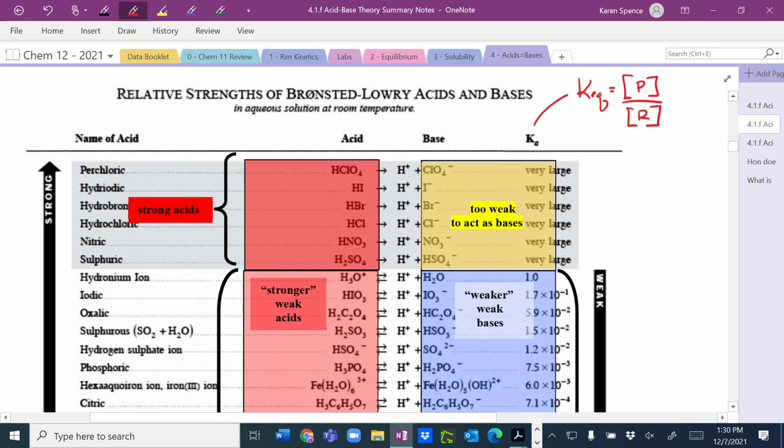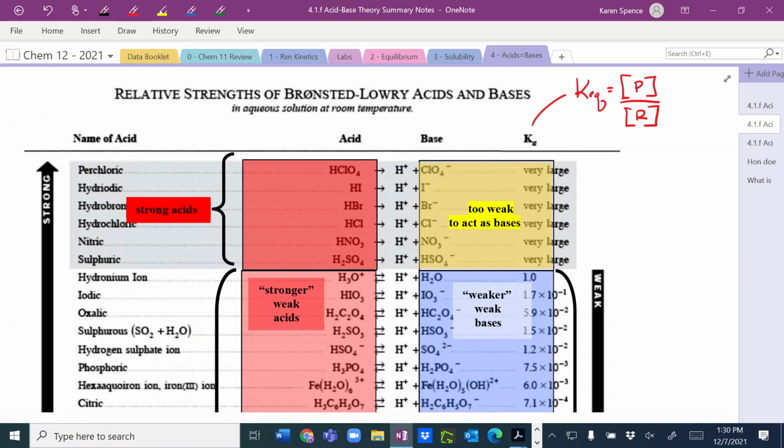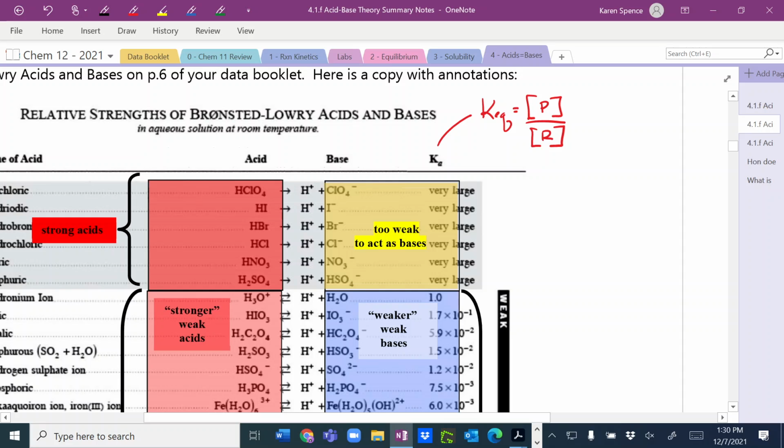So Ka, which is the Keq for an acid, okay? If Ka is very large, what do we have a lot of? Products. And the products in this case are the dissociated ions, yes? The reactants is the intact acid molecule, okay?